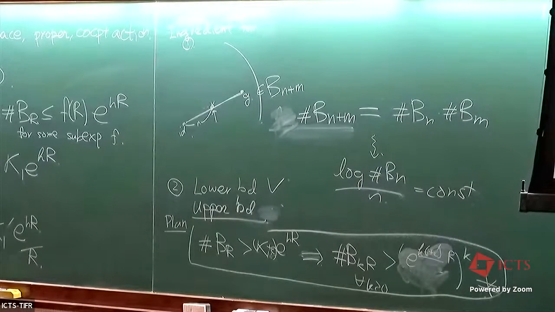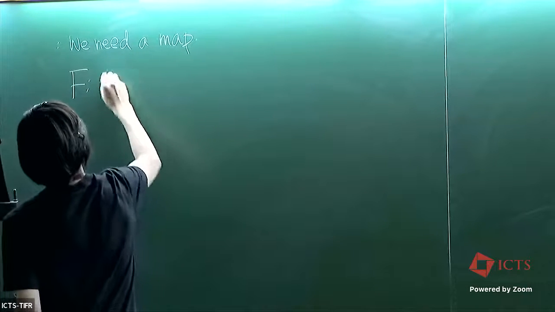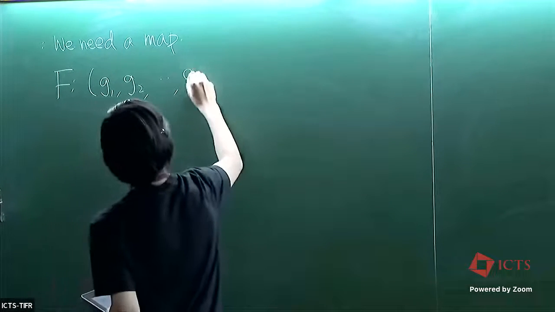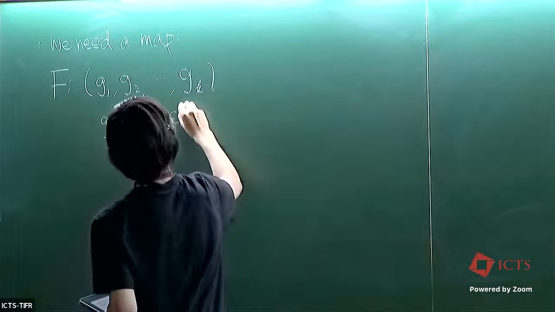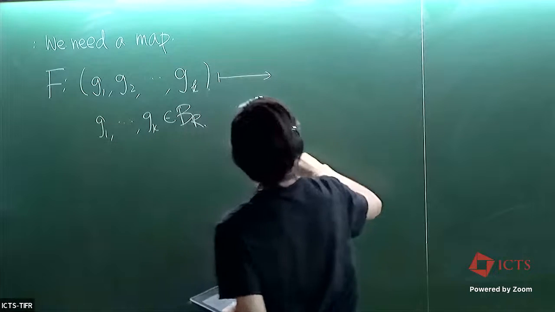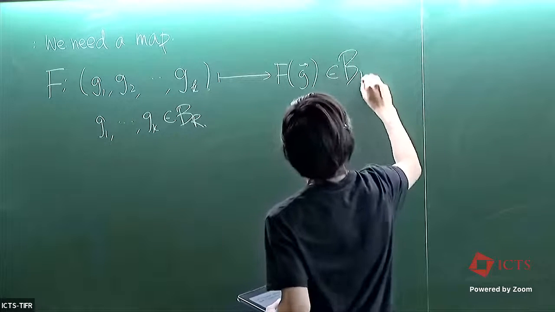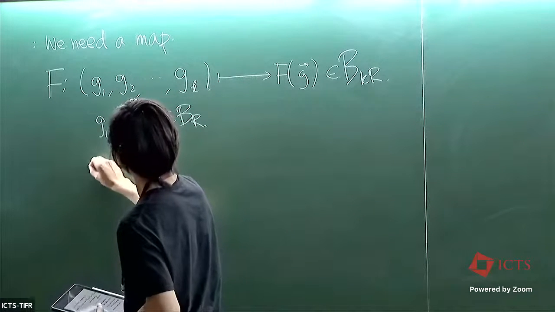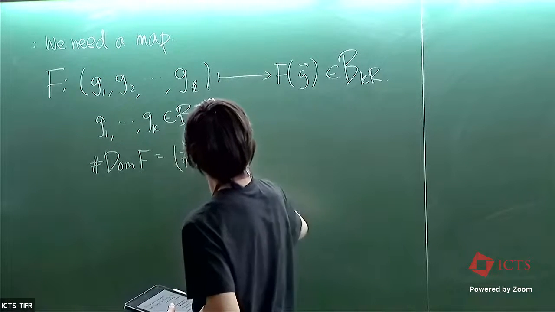So in order to achieve this, what we need is a map that receives the input, the finite sequence g_1, ..., g_k, where g_1, ..., g_k are from B_R, and then it sends this input to some element in B_{kR}. So the cardinality of the domain is |B_R|^k.